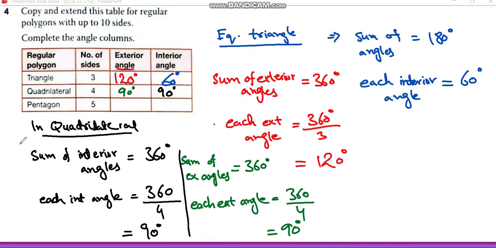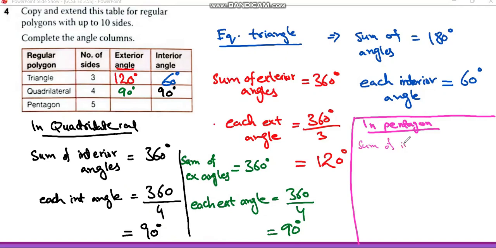We can also work out for the pentagon. In a pentagon, the sum of interior angles equals 540 degrees. If each angle has the same size, each interior angle will be equal to 540 divided by 5, and that will be 108 degrees.